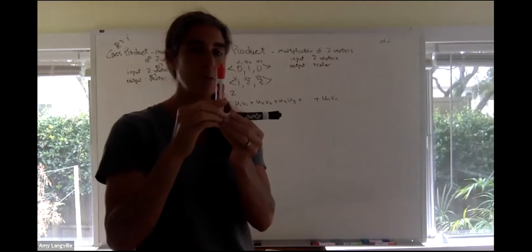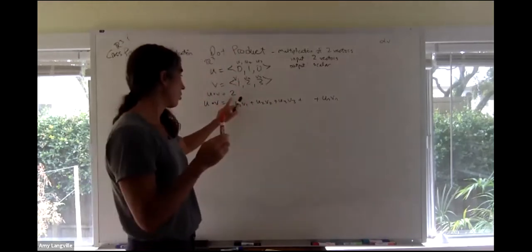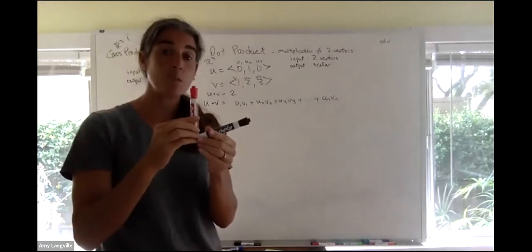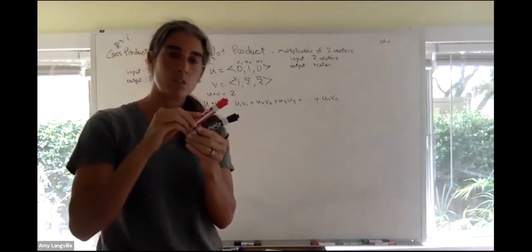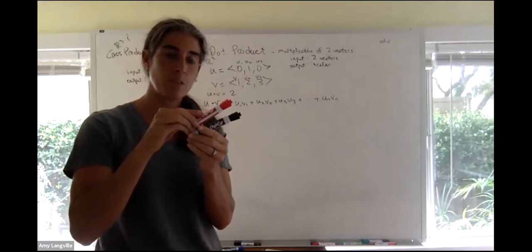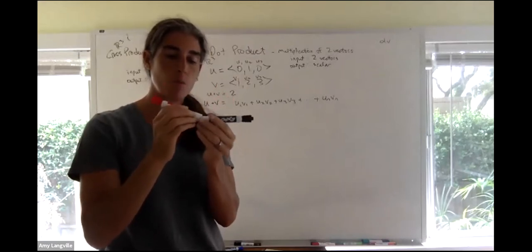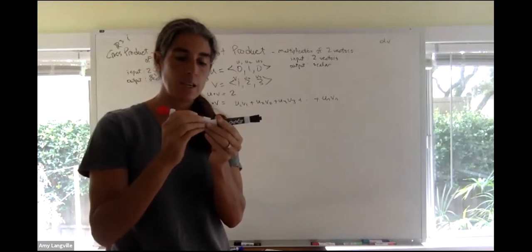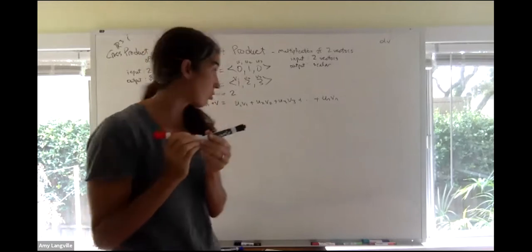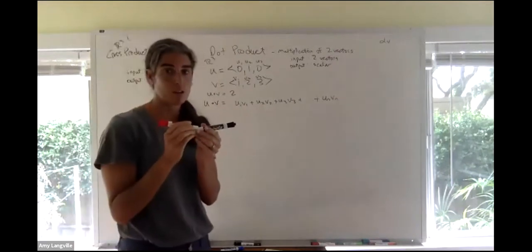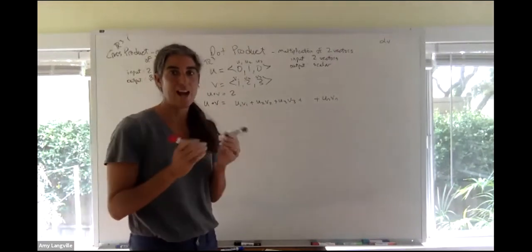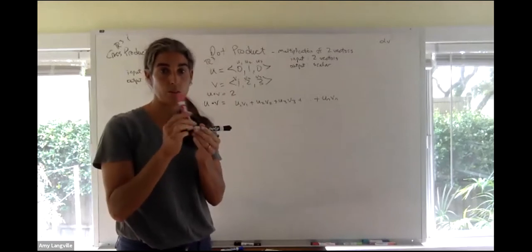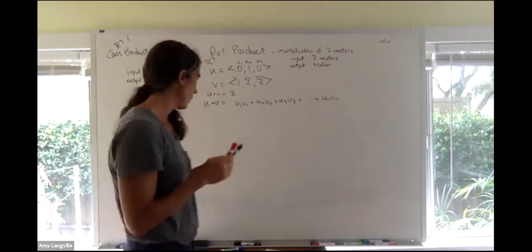If they have a very big positive number, and we'll talk about what's very big in a moment, it means they point mostly in the same direction. If they have a big negative number, it means they point mostly in the opposite direction. Again, you're going to see some applications and activities in chapter 1 that'll help you understand those main principles of the dot product. So again, the dot product tells us how much two vectors are pointing in the same, perpendicular, or opposite directions.